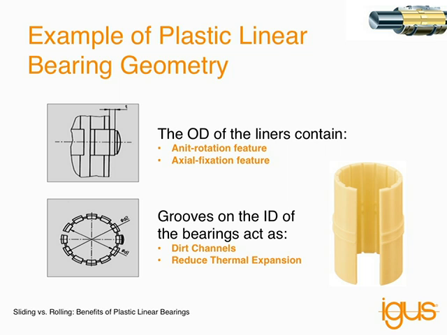What that means is that we can produce parts geometry to a tighter tolerance, to a tighter clearance in the application than you could with a standard sleeve bearing, because a standard sleeve bearing as it swells would only have one way to go, and that's towards the shaft, which could cause a failure. So the grooves on the ID are really a critical feature of a thermoplastic bearing.